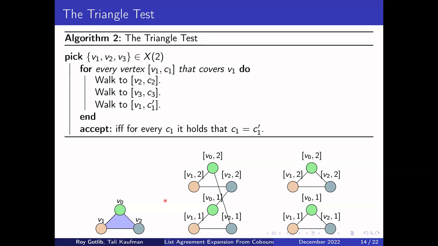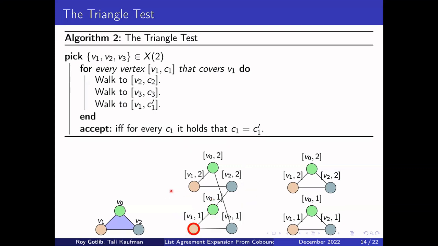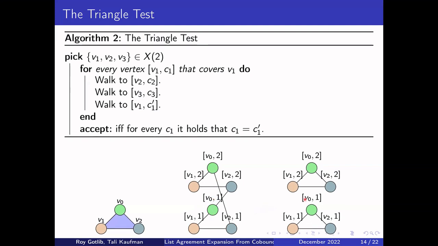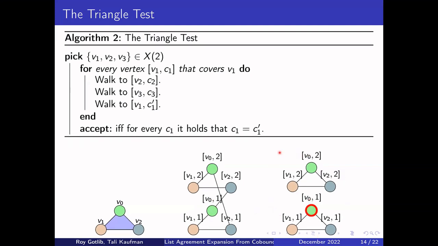So for example, if we take this complex, this one is not a trivial near cover. If we started from this vertex and walk the 3 steps, we won't return to the same vertex. While if we consider this complex, which is a trivial near cover, running the triangle test would yield the same vertex, and thus the test would accept.